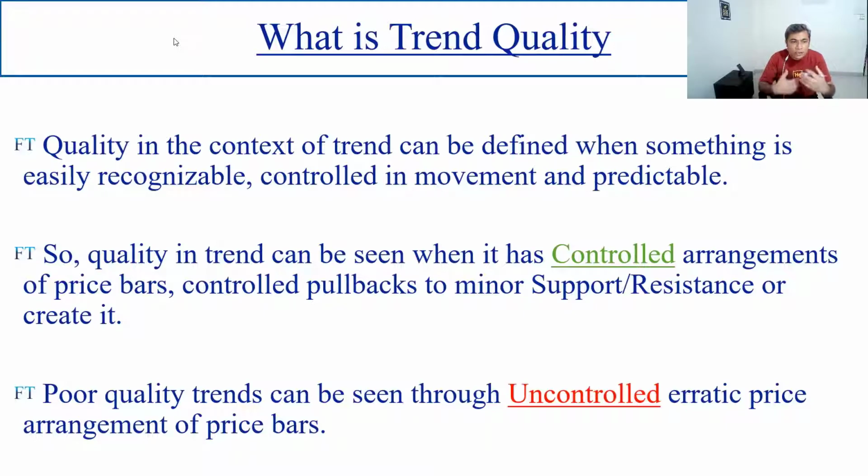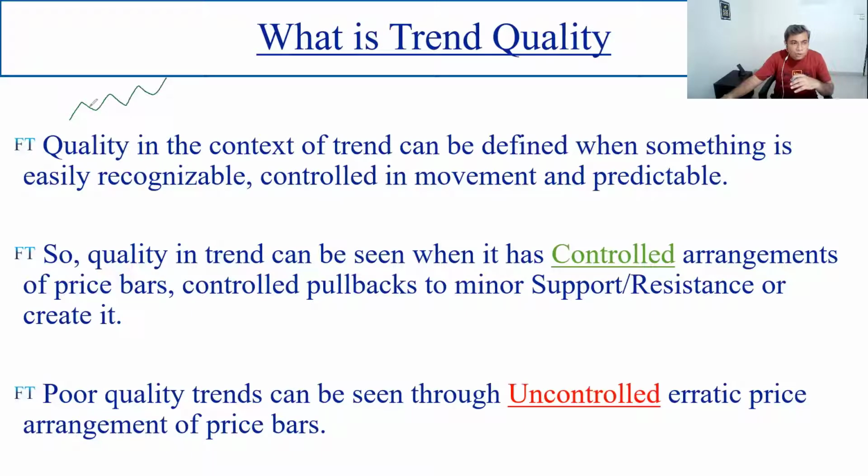So let's define what trend quality is here. Quality in the context of trend can be defined as something that is easily recognizable, controlled in movement, and predictable. What this means is that when it is a trend, it must have fluid movement. Let me just draw it here. An uptrend should be so fluid that you can very easily recognize it.